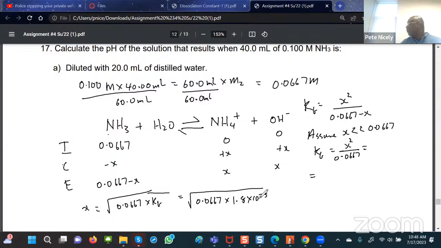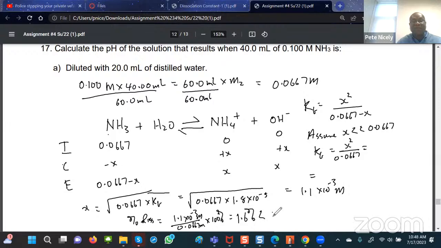And according to my calculations, this works out to be equal to 1.1 times 10 to the minus 3 M. And of course, we need to find the percent dissociation. So that will be equal to 1.1 times 10 to the minus 3 M divided by 0.0667 M times 100%. And according to my calculation, this works out to be equal to 1.6%.